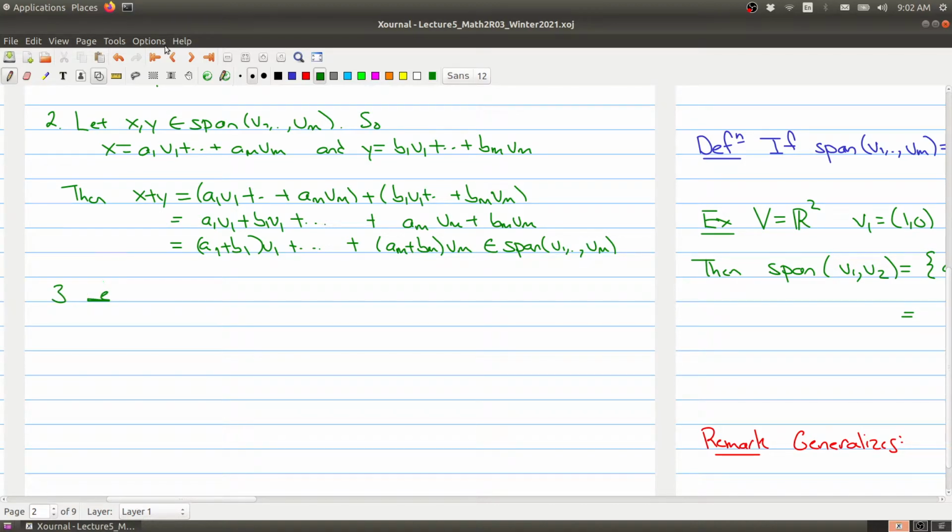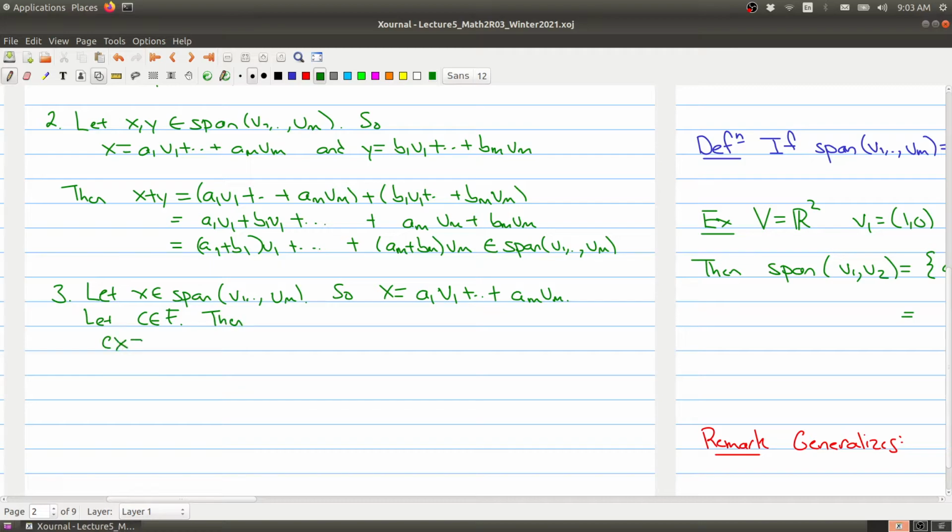We take some element x inside of the span of v1 through vm, and so we know that x looks like a1 times v1 up to am times vm, and then we multiply it by any scalar. So let c be some scalar.